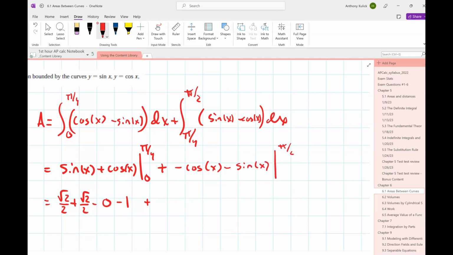And we'll evaluate that from pi over 4 to pi over 2. So cosine of pi over 2 is 0. And then sine of pi over 2 is 1. Okay. Cosine of pi over 4 we did already.